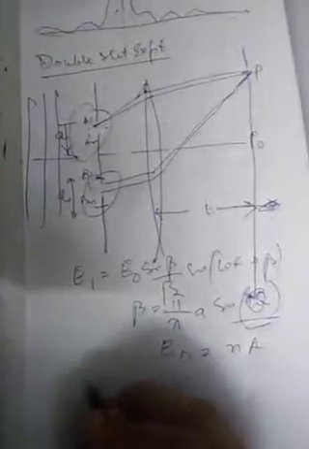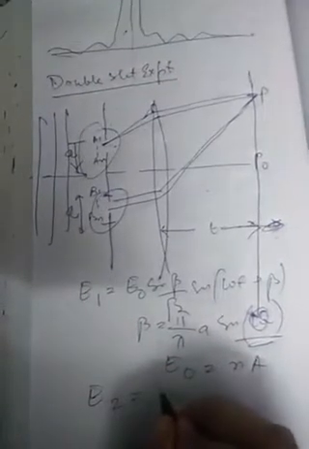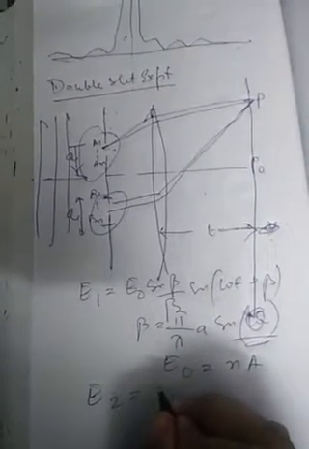Similarly for E2, from the second part, E2 will be equal to E naught sine beta upon beta sine of omega t plus beta plus phi, and phi comes out to be 2 pi by lambda d sine theta. Then you add and resolve it, and we obtain the final condition d sine theta is equal to p lambda.